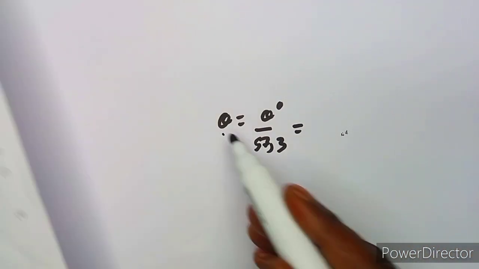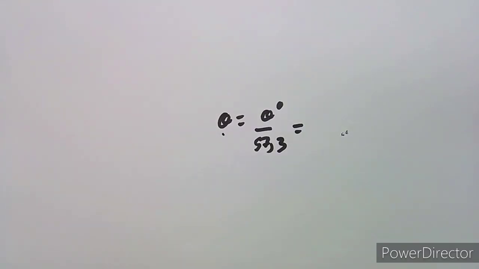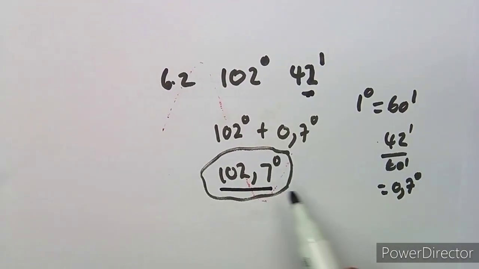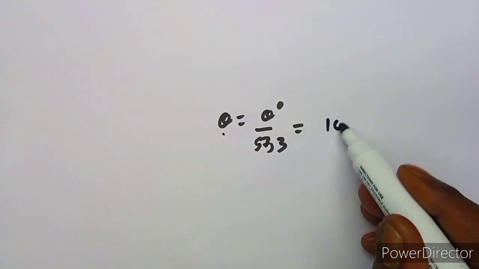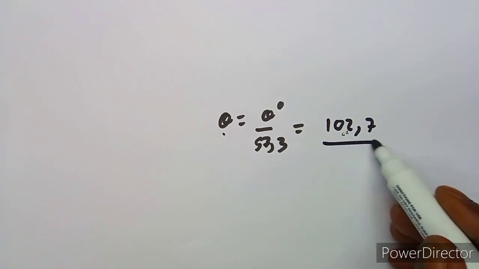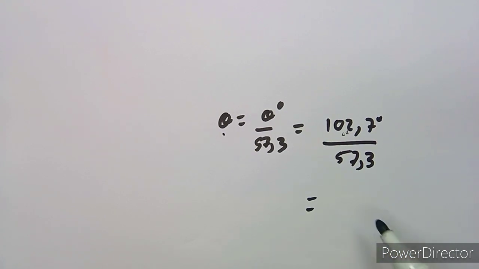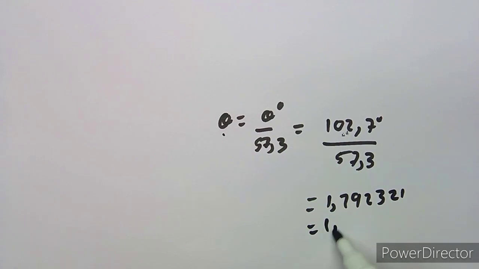So our theta in radians is going to be 102.7 degrees over 57.3, which is automatically in radians, giving 1.792321, something like that, which is 1.792 rads.